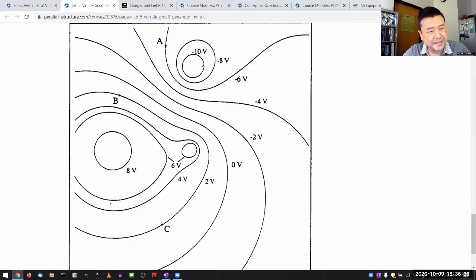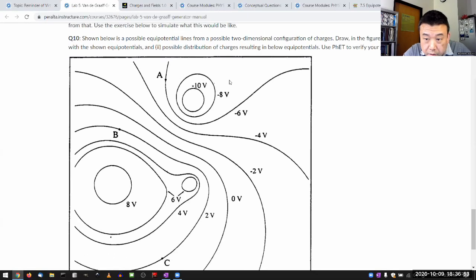But you are not explicitly given any charge distribution, and you are just asked what the electric fields are. When you have that situation, that's when you need to know how to read the equipotential lines.